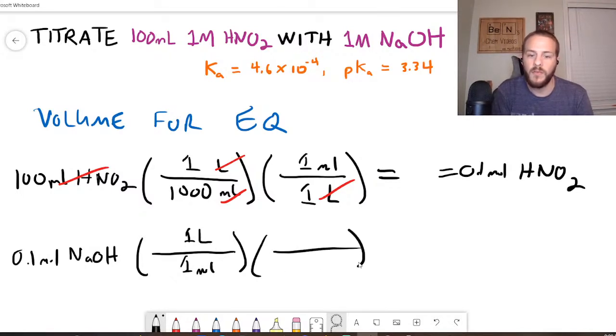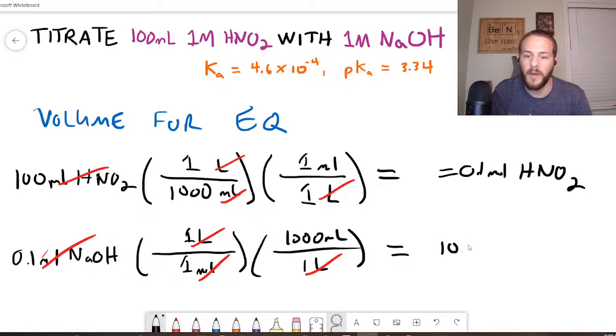And then just to be consistent with our volume of nitrous acid, which was given in milliliters, I'm going to convert this to milliliters. So we have 1 liter on the bottom, 1,000 milliliters on the top. Again, I'm going to cancel my units, make sure everything makes sense. And we have 0.1 times 1,000, or 100 milliliters of sodium hydroxide.